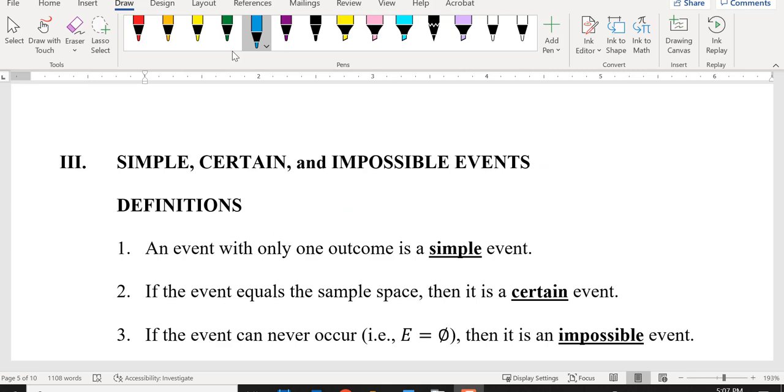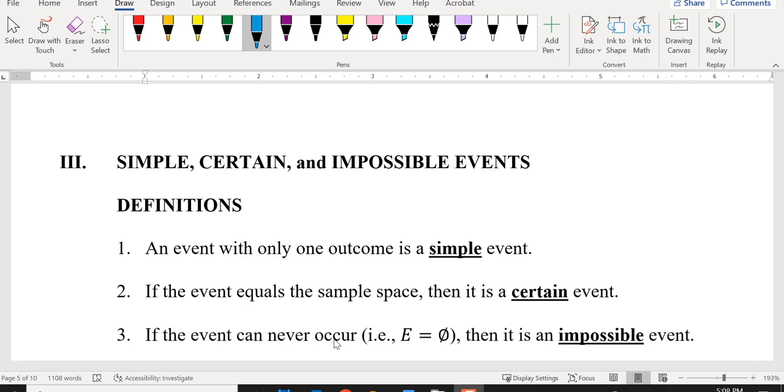Okay, now we're going to talk about simple, certain, and impossible events. Some definitions. An event with only one outcome is called a simple event. If the event equals the sample space, so the event has everything in it that's in the sample space, then we say that event is a certain event.